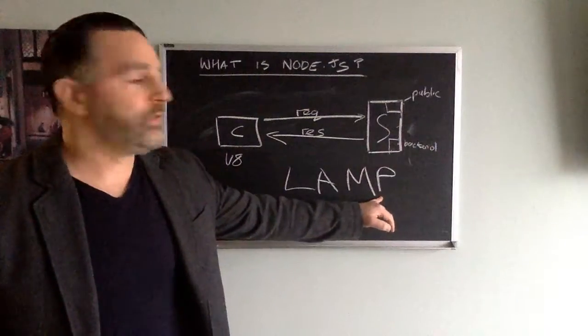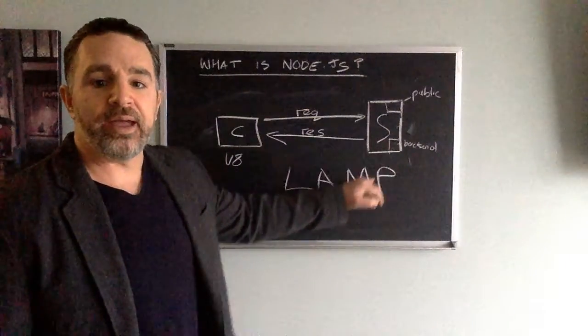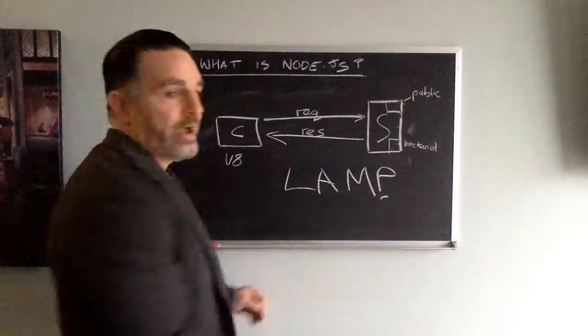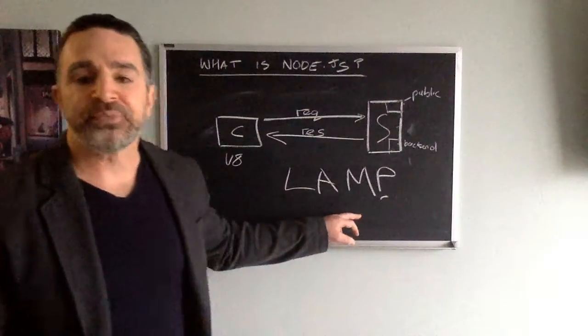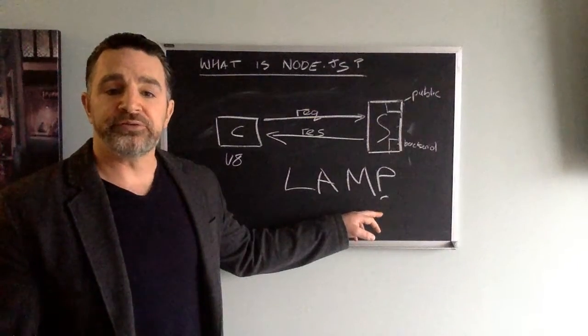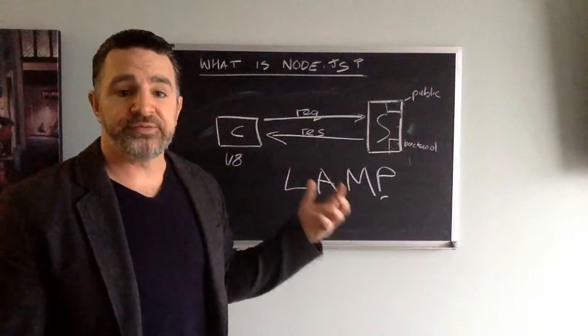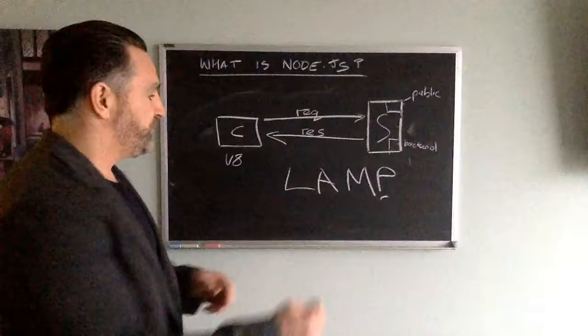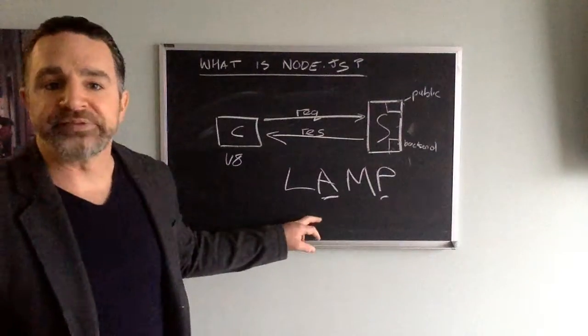We've already mentioned that these Node files in here are similar to PHP, the P in LAMP. However, Node is also used to actually create the server itself, which is the A of the LAMP stack.